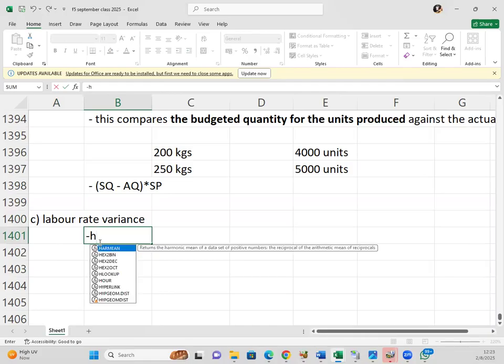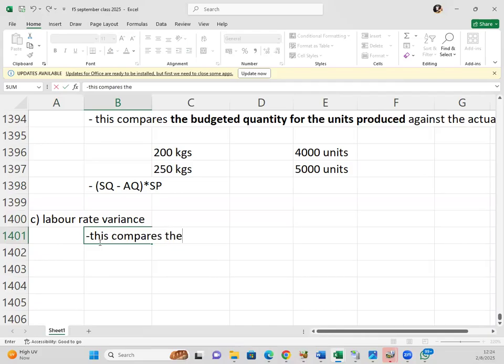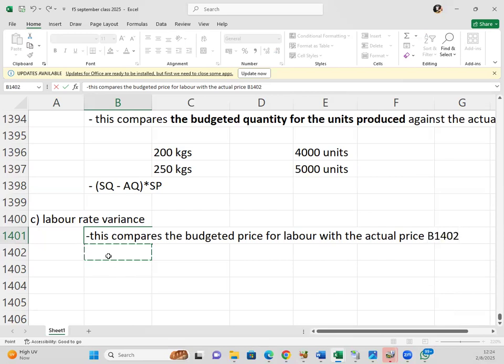So this compares the budgeted price for labor with the actual price. What was the budgeted rate per hour against what we ended up paying?